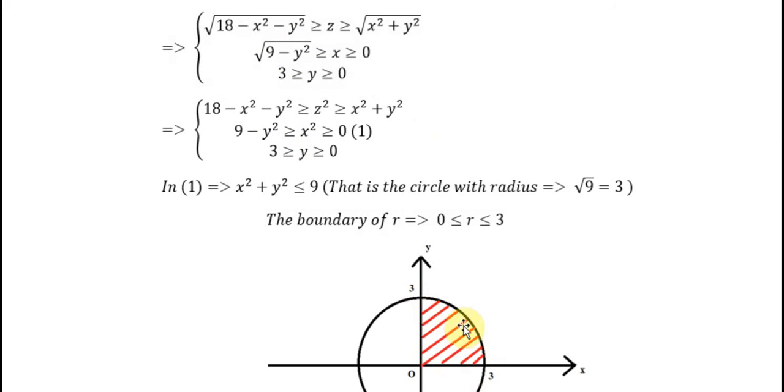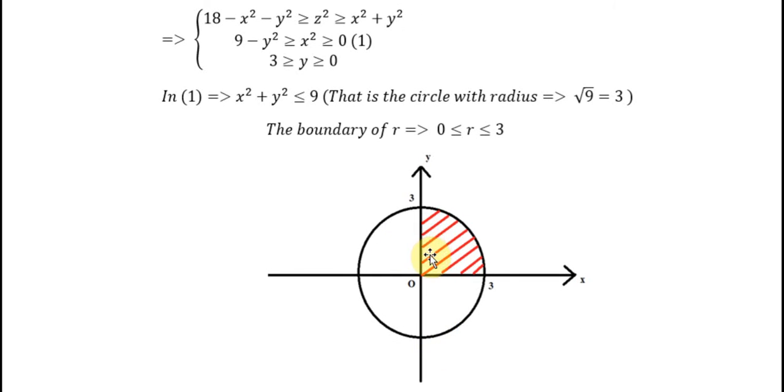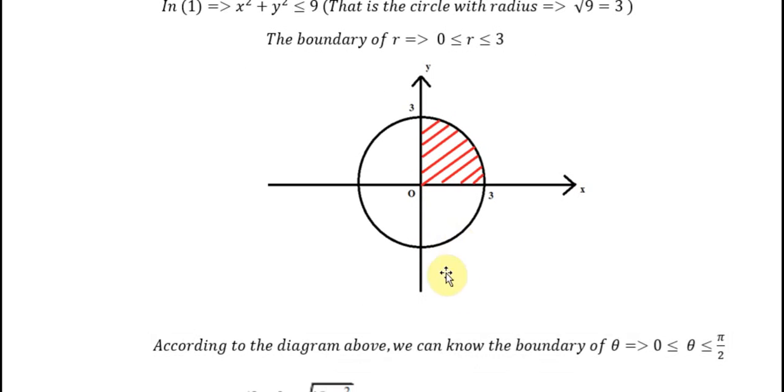This is one quarter of the circle, or we can write pi divided by 2. So the boundary is from 0 to pi divided by 2, which is 90 degrees, and that's the boundary of theta.